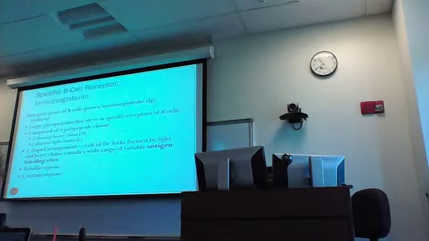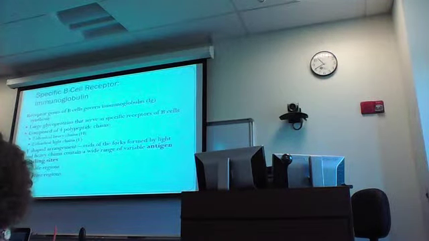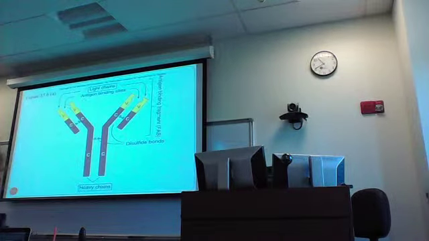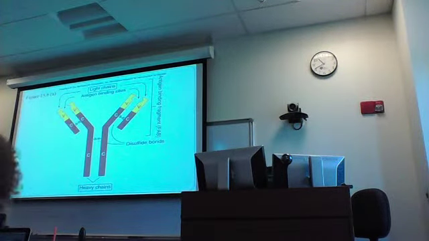They look like a Y, and the end of the forks, like hands, that's the specific end. That's the end that binds to the antigen. On every antibody, there are variable regions and constant regions. The variable regions are at the tips of the Y's, like hands. The big pieces are heavy chains, the little pieces are light chains.